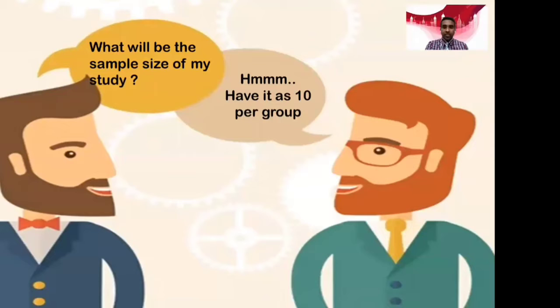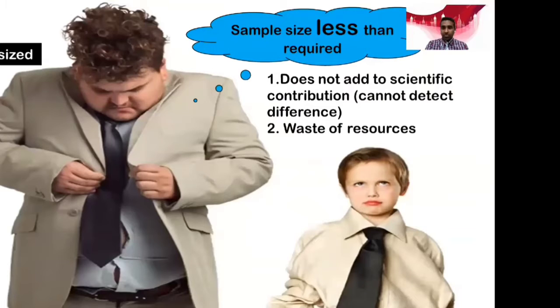What will be the scenario now? Either your sample size is going to be less than required, undersized. And if it is less than required, it is not going to be scientifically valid. It is not going to contribute to the literature, or it cannot detect a difference which actually exists. So it is again a waste of resources, right?